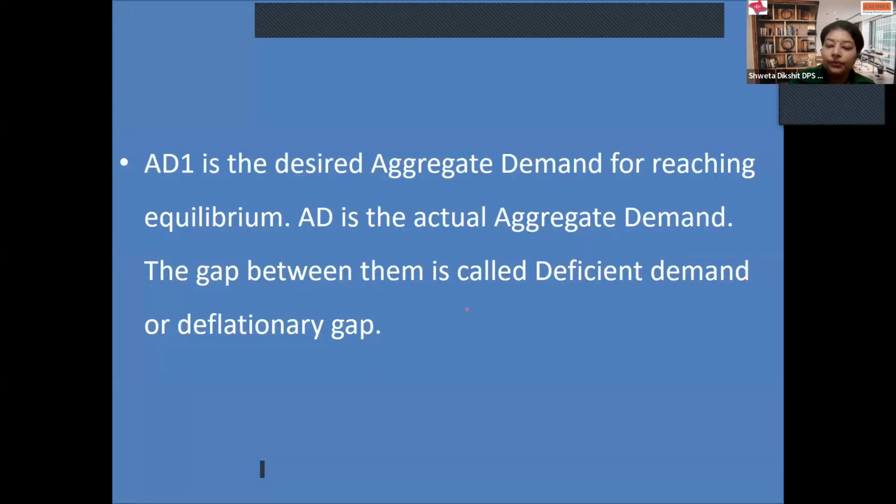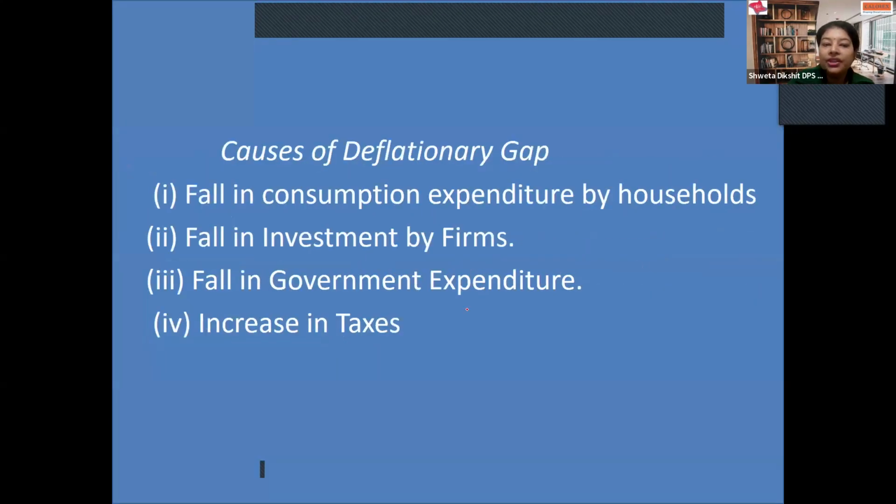Now, the causes of deflationary gap: a fall in consumption expenditure, a fall in investment expenditure, a fall in government expenditure, and also an increase in taxes. When taxes are increased, people tend to buy less as their purchasing power is negatively affected.